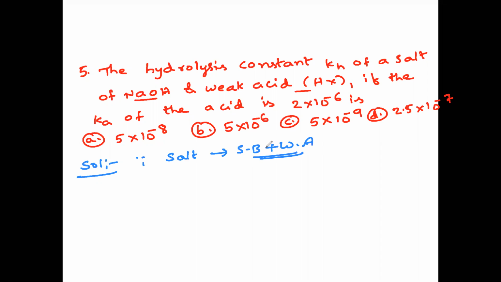Cationic hydrolysis or anionic hydrolysis. Since they have given Ka, it is anionic hydrolysis of the weak acid, because strong base and weak acid. So straight away we can take Kh is equal to Kw by Ka.